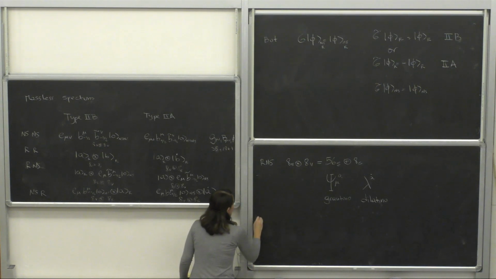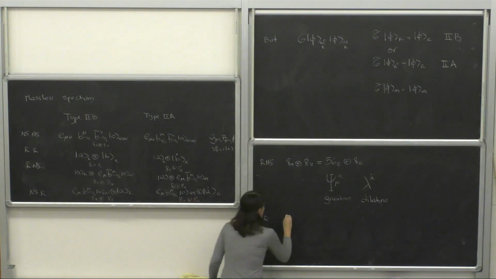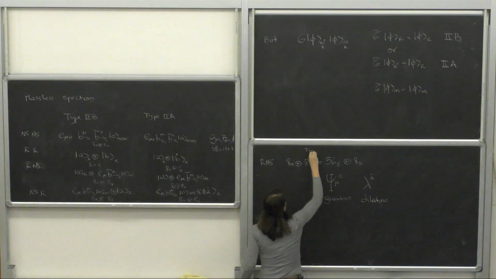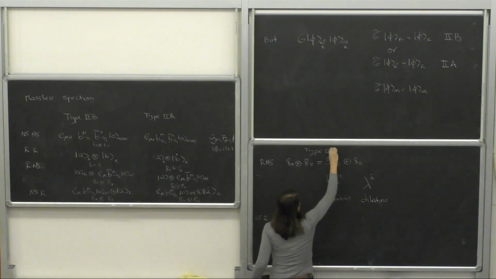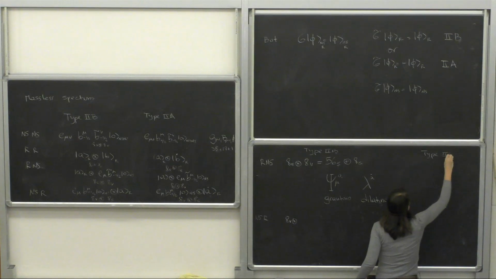And in the NSR sector, which is 8 vector, here I'm doing type 2B, and here type 2A.